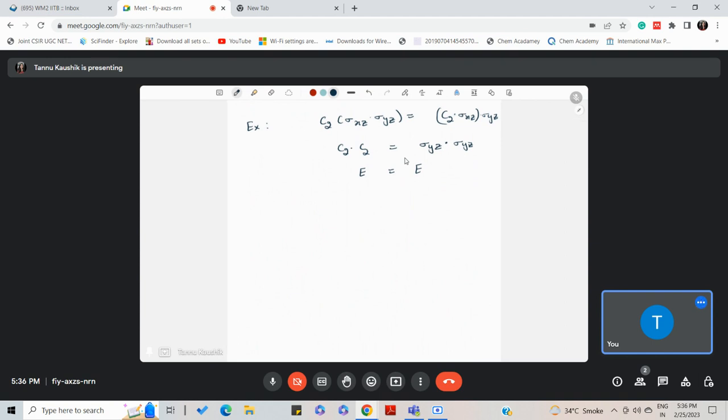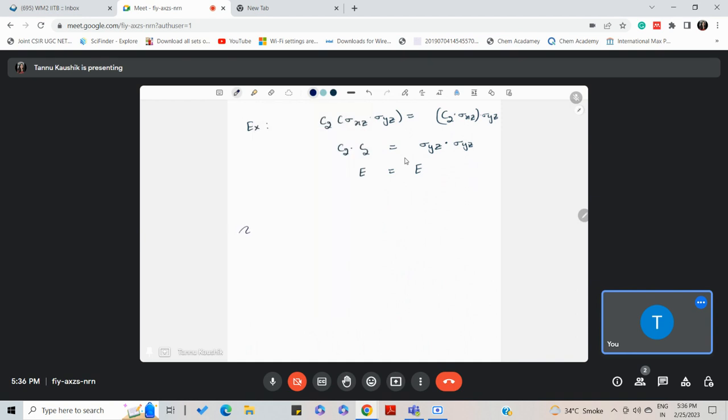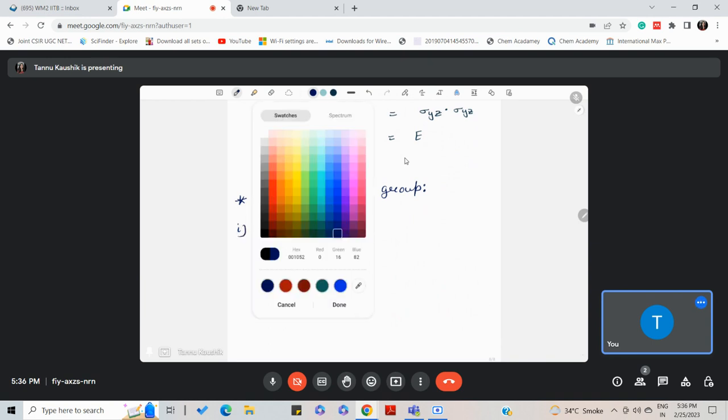So now let us discuss the properties of a group. First is the order of a group.